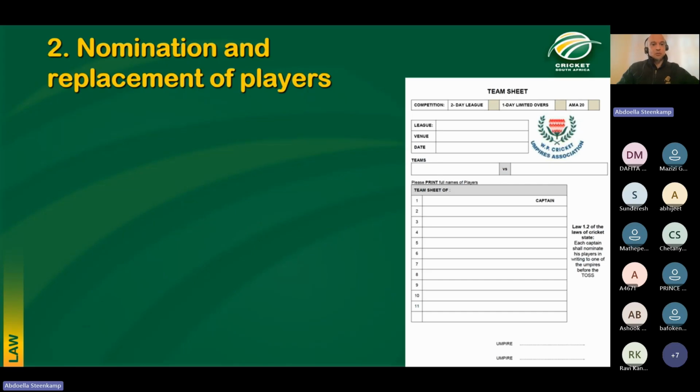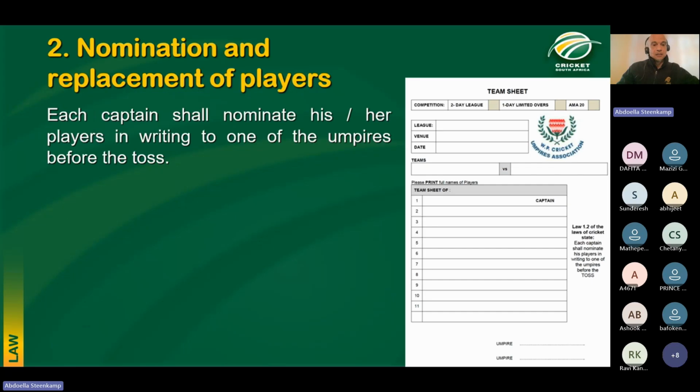When it comes to the nomination and the replacement of players, each captain needs to nominate his or her players, and this nomination needs to be in writing, and it needs to be handed to one of the umpires either before the toss or even at the toss, no issue.